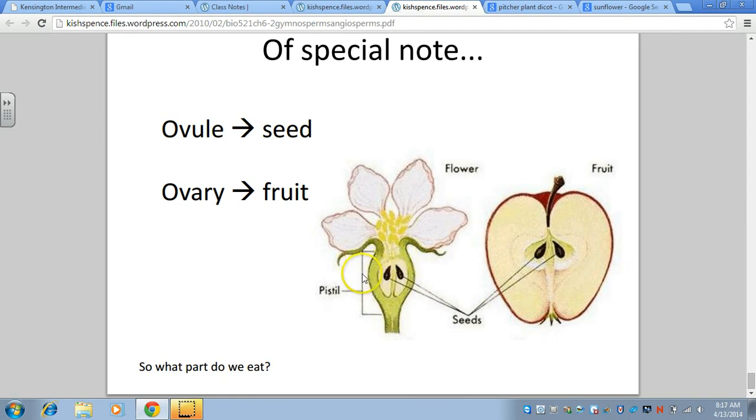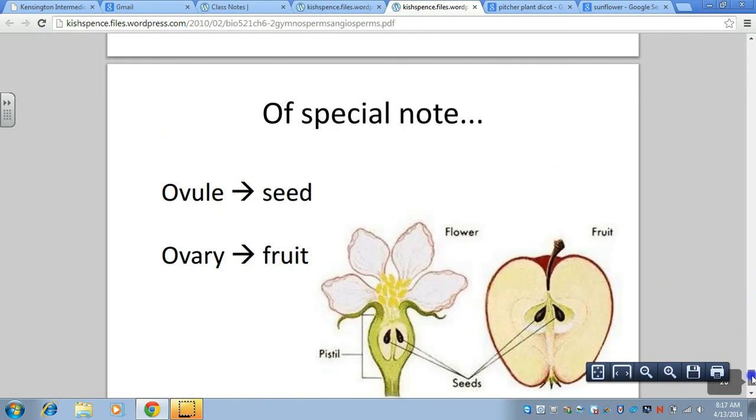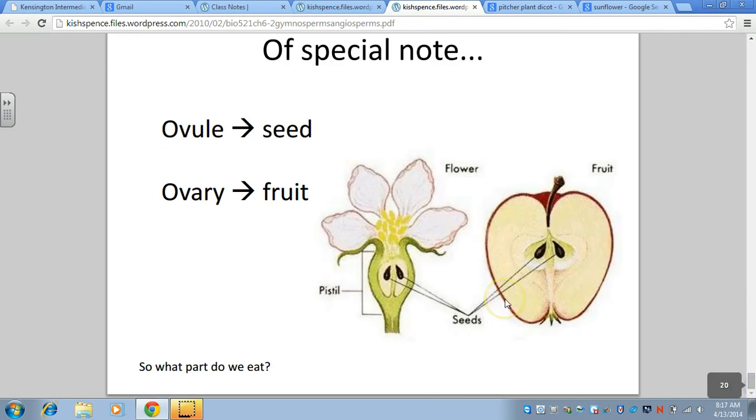What's around that, the ovary at the base of the flower, is what develops into the fruit. So if we think of the fruits that we eat, then the fruit came from the ovary. The seeds came from the ovules. Awesome. So that's it for this section of angiosperms.